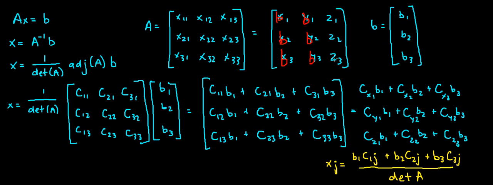I did an example for why that works for rows, but it's the same thing for columns, so I'll put a link there. But the whole point is that whenever I replace one of these columns with b, the other entries are going to be 0, because it's like I'm taking the determinant with two of the same column, which will be equal to 0. So when I replace this first column with b, these are going to be 0.